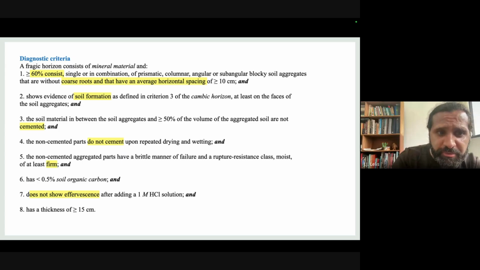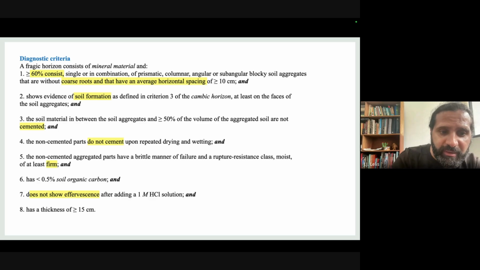The soil material in between the soil aggregates and 50% or more of the volume aggregate are not cemented, so no cementation again. The non-cemented parts do not cement upon repeated drying and wetting. So if I take a part and get that soil wet and dry, wet and dry, wet and dry, no cementation could be registered after that.